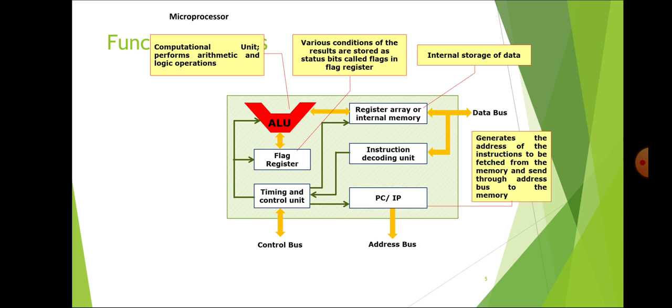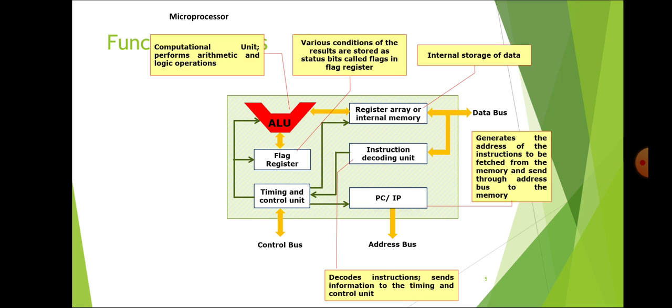And when the next instruction executes, the program counter is again filled with the next instruction address. So it generates the address of the instruction to be fetched. Which instruction we are going to fetch, that address will be stored in the program counter, right?